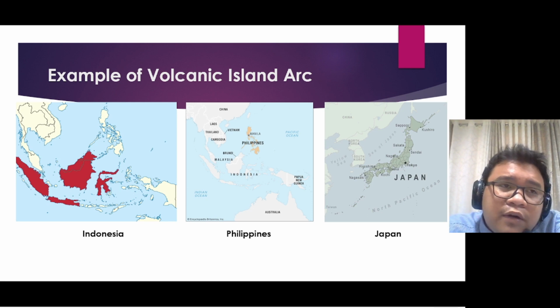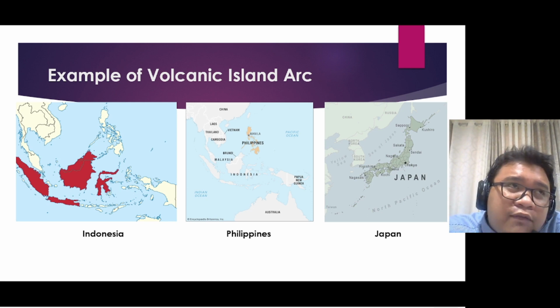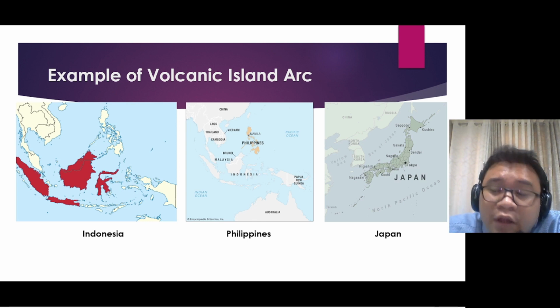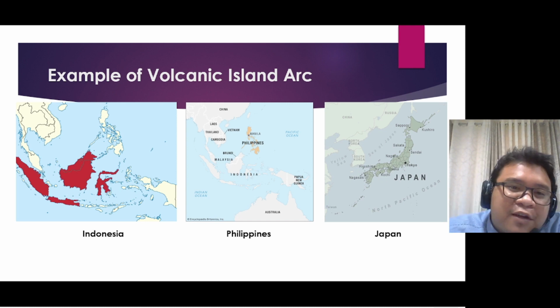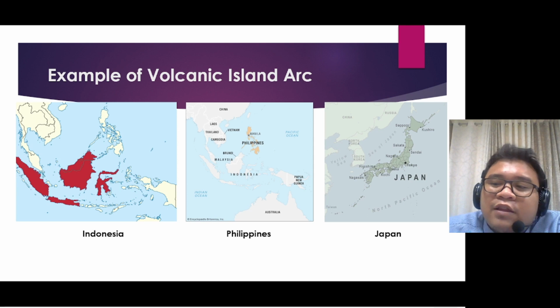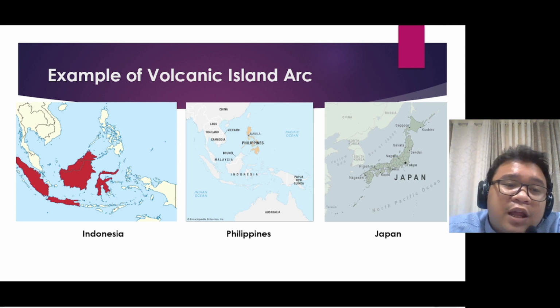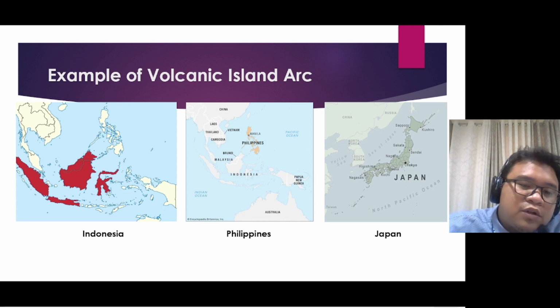Although these are volcanic arc and island arc features, the process is relatively different from the volcanic island arcs and volcanic arcs discussed, which are formed through the subduction of plates. So somewhat they are different. So the answer is that divergence of plates is not usually associated with these volcanic arcs and volcanic island arcs. Okay, so I hope that you get this distinction between the two.